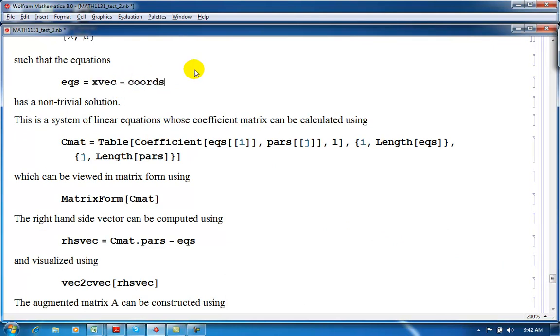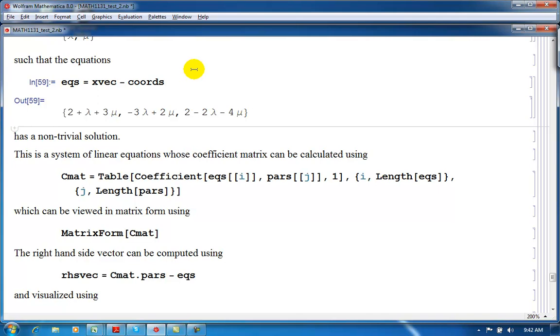So that will give us a set of equations which need to be all 0. In other words, can we find values of lambda and mu such that these 3 linear expressions are 0?